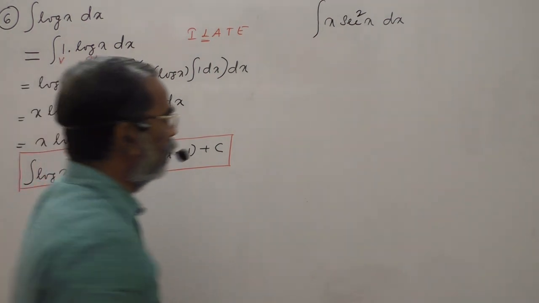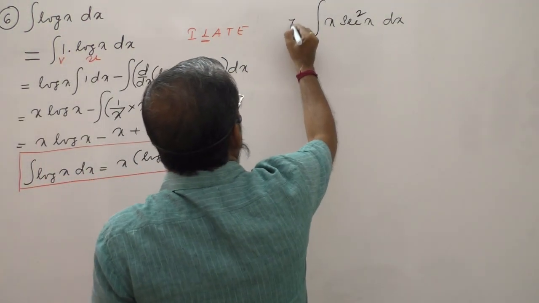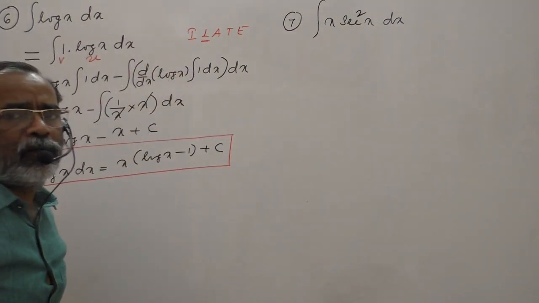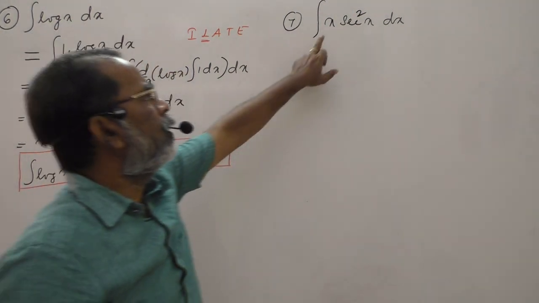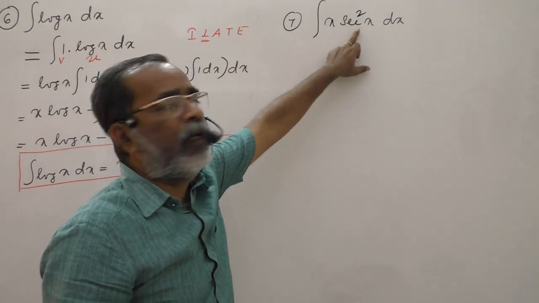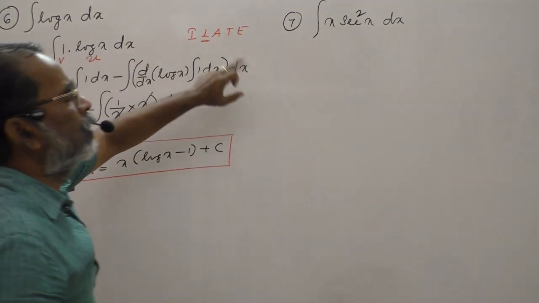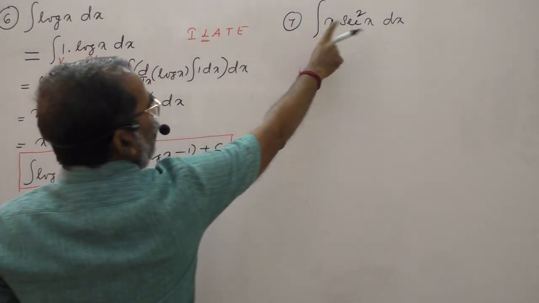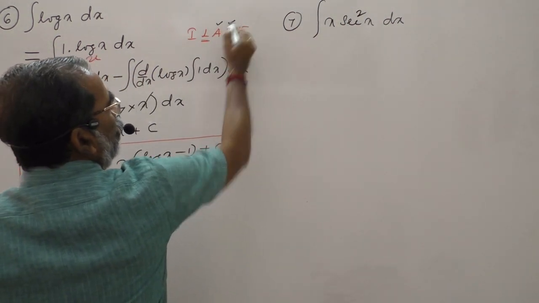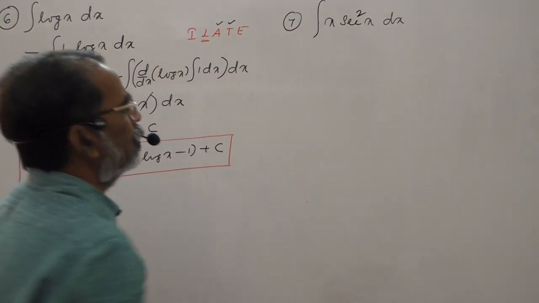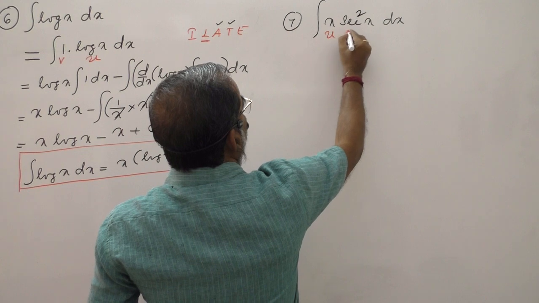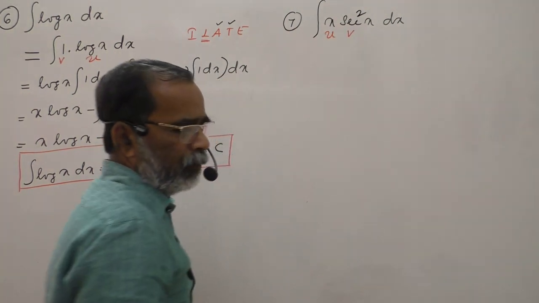Yes, next question number. Okay, what is there? Integral x into secant square x. x is algebraic function, secant square is trigonometric function. So which one is coming first? Algebraic and trigonometric, here are the two. A is coming first, therefore I should suppose this is first function and this is second function.